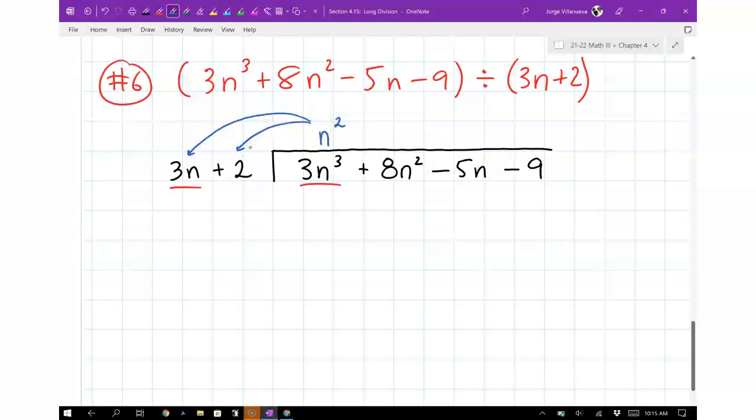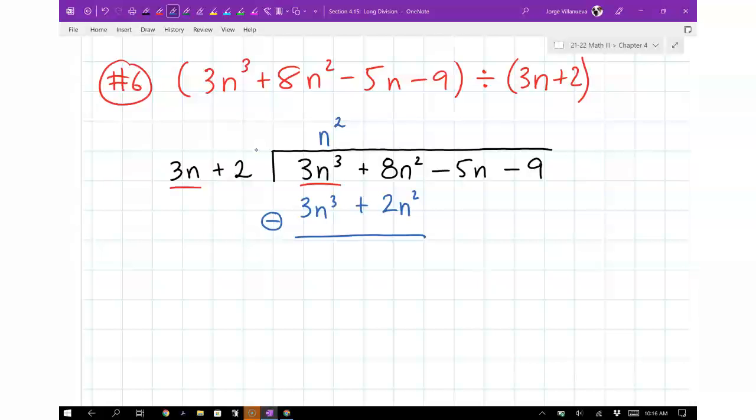So 3n times n squared is 3n cubed. And n squared times 2 is a positive 2n squared. And let's subtract. So the first term becomes 0. That's perfect. 8n squared minus 2n squared is 6n squared. And we get to drop our next term, minus 5n.